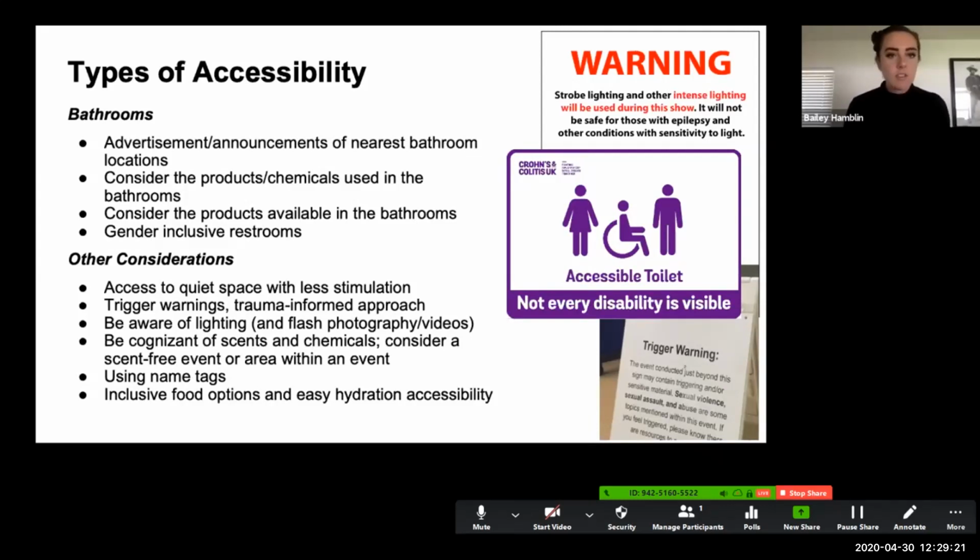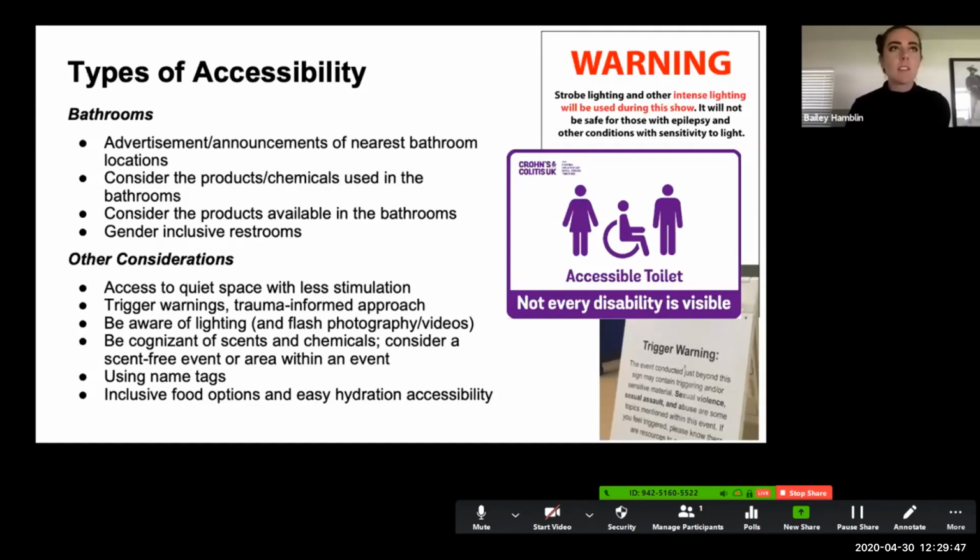Providing trigger warnings for content is great. Being aware of the lighting that you're using, trigger warnings for the ways that different flash types of lighting might impact folks. I'd spoken to going scent-free. Utilizing name tags is great, again, for folks with different processing needs or any impairments with concentration and memory.